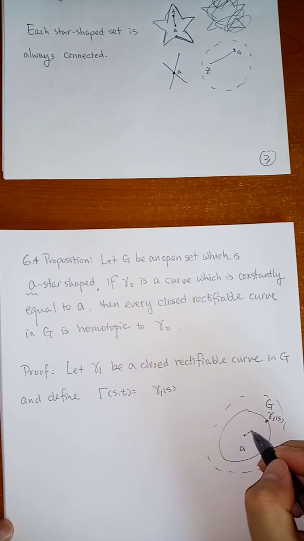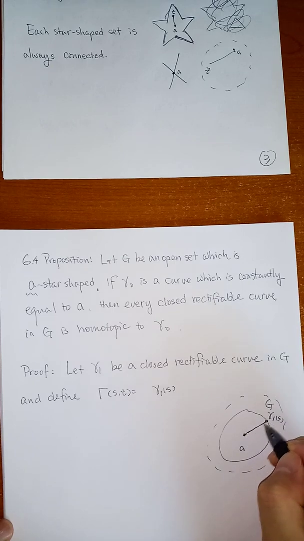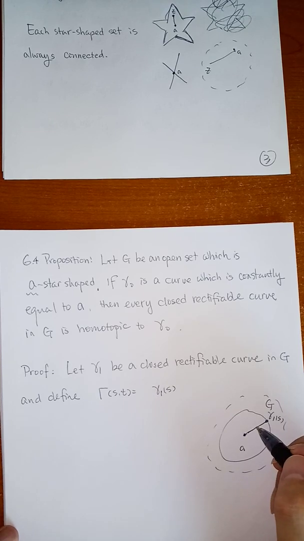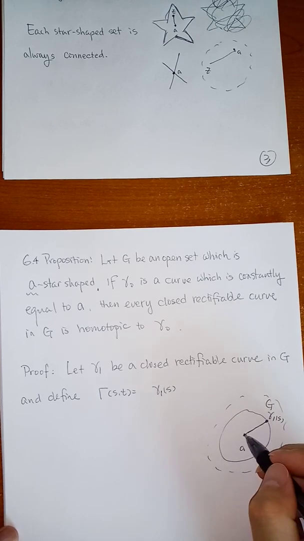Then we are going to connect this gamma 1(s) to A. This whole segment is inside G by the definition of A-star-shaped. It depends on how you say the initial and terminal point. We assume the constant point A is the constant curve gamma 0.